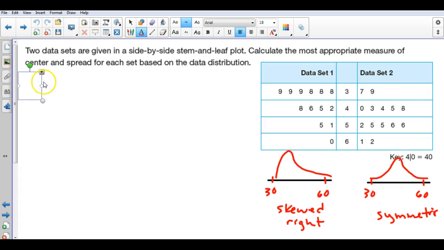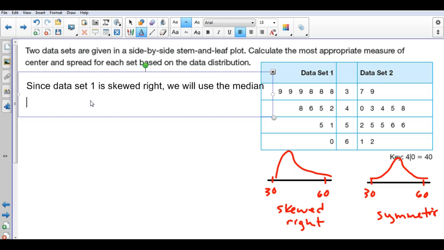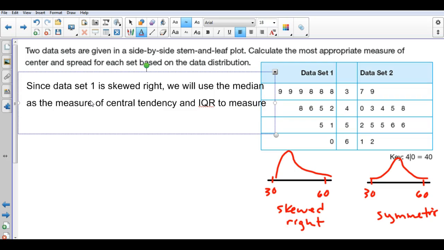So what that means is that for data set 1, I'm going to actually just type out a response here. So since data set 1 is skewed, right, we will use the median as the measure of central tendency and IQR to measure spread.